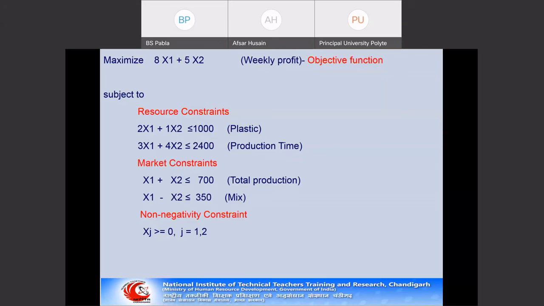And xj, that means x1 and x2, cannot be less than 0. They have to be either 0 or more than 0. Positivity constraint or non-negativity constraint. If you have understood this, I think you can make a linear programming problem. You can define the problem.